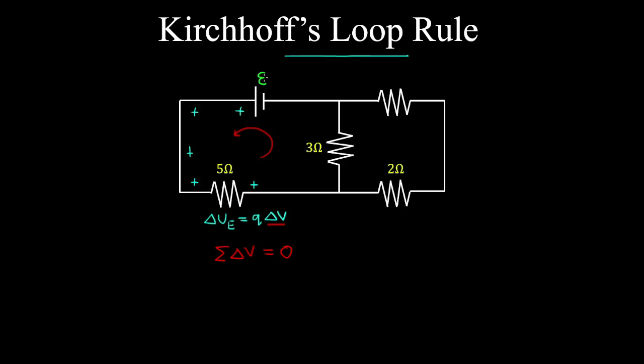So what we have is an increase in electric potential across the battery as we move from the right to the left, and a drop in electric potential across this resistor, which we'll call delta V1, and we keep going around this loop, so we have a drop in electric potential across this resistor.